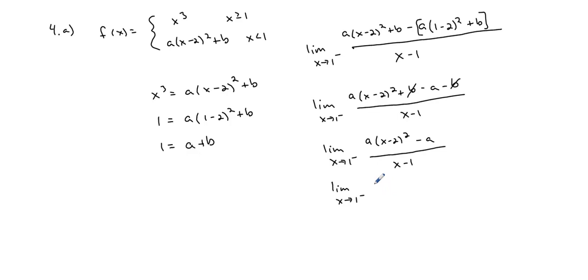Okay, and what we got here? That'd be ax squared minus 4ax plus 4a minus a, all over x minus 1.